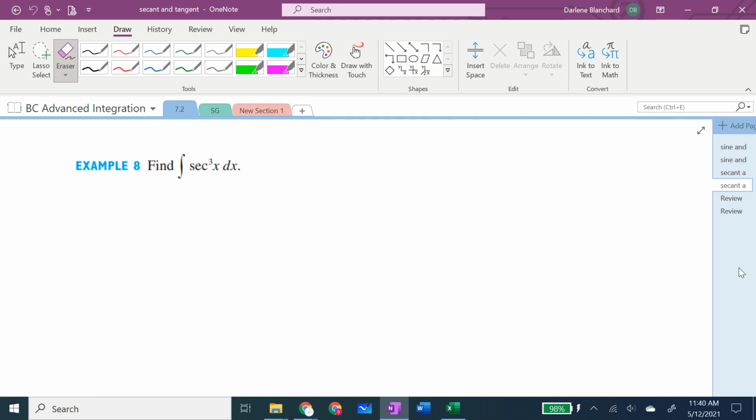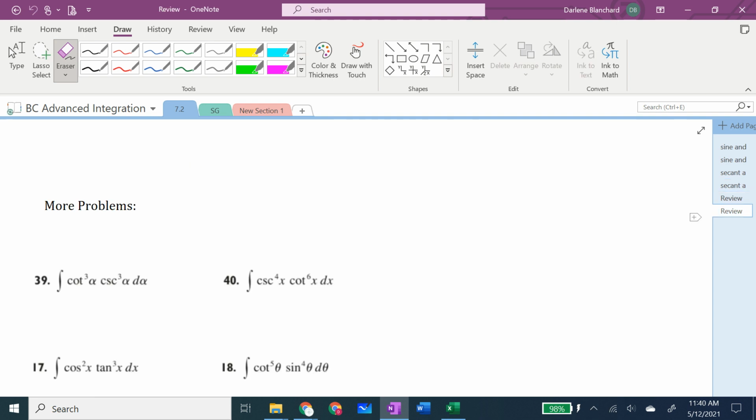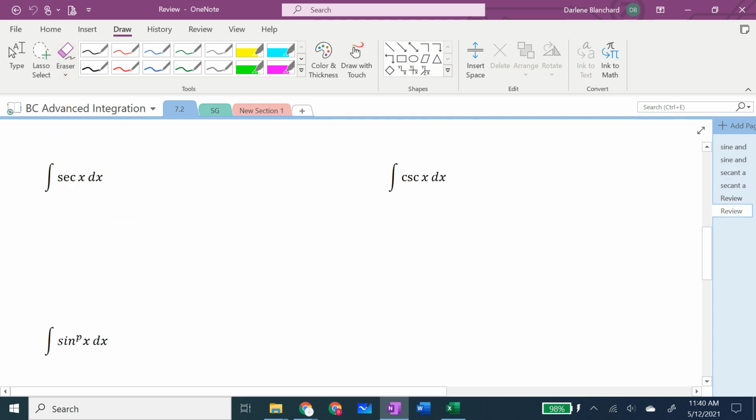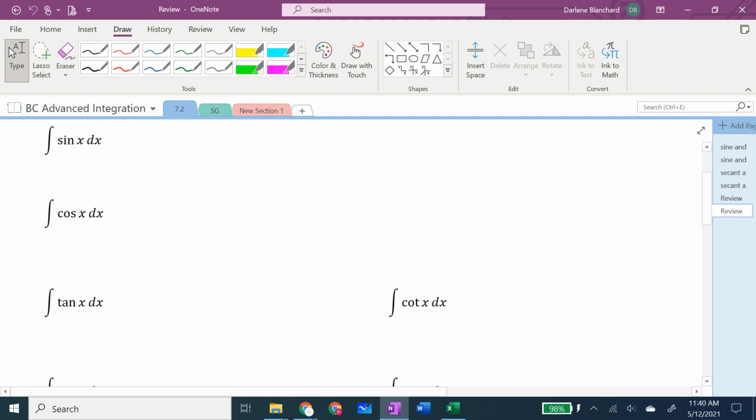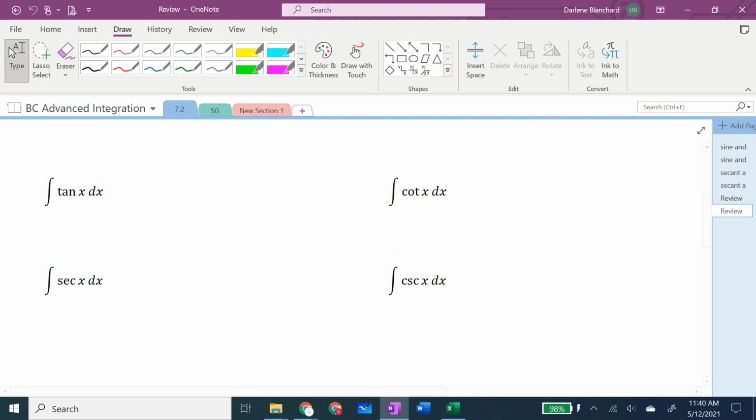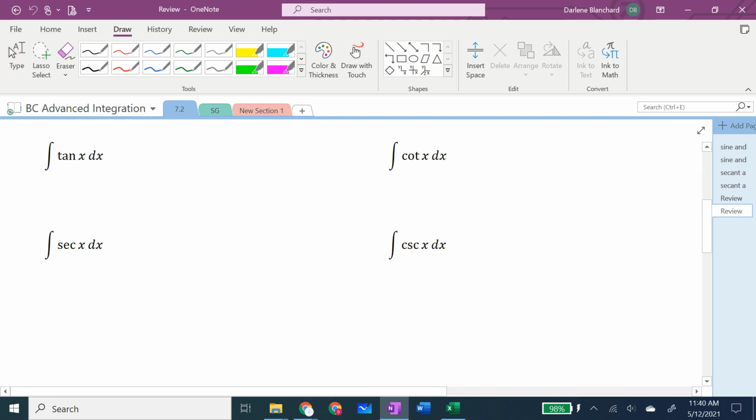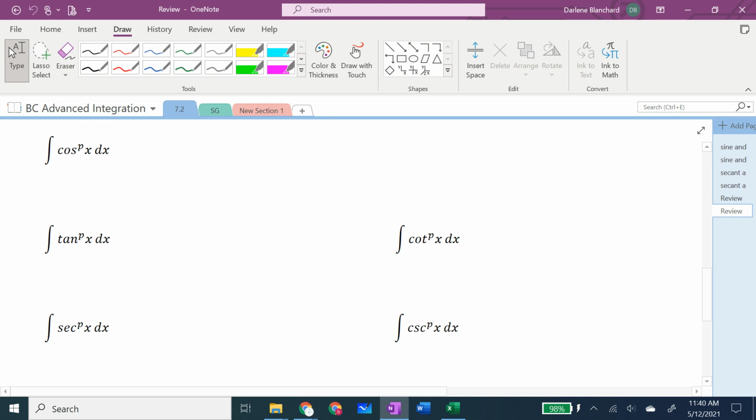And in just a little bit, we're going to do a review of what all of these functions' integrals are, and what the various ways to integrate with different exponents within each type of trig function are.